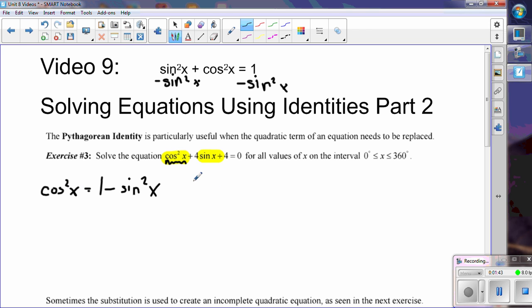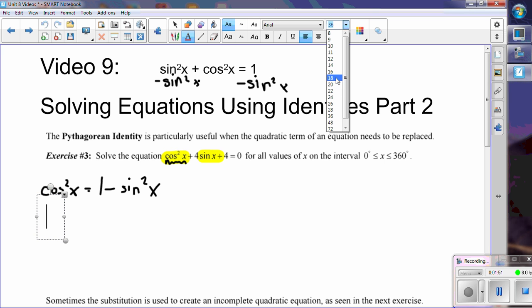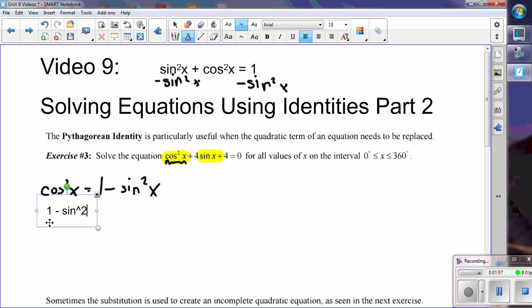So what that means is I can now change my equation, and I'm going to type it because it works so much faster. So that instead of having that, we have 1 minus sine squared x plus 4 sine x plus 4 equal to 0.